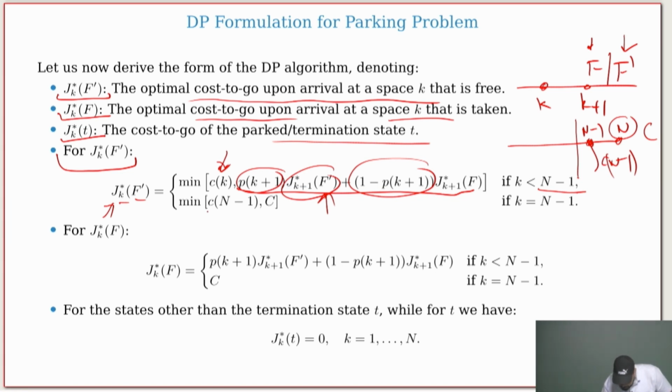So here at k equals n minus 1, it will be the minimum of this: Cn minus 1 or C. This is for the free case, and then for the occupied case.